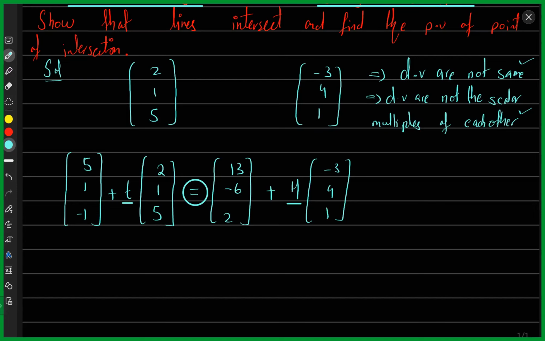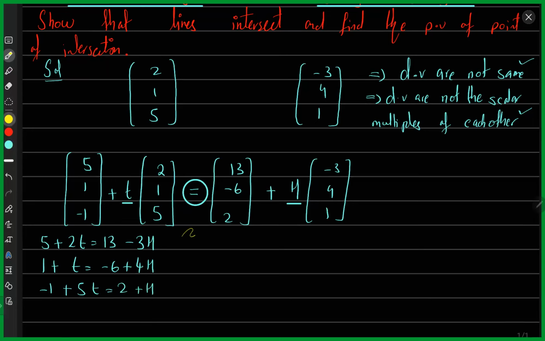Now let's make three equations out of it. Equation 1 would be 5 plus 2t equals 13 minus 3 mu. Then 1 plus t equals minus 6 plus 4 mu. And then minus 1 plus 5t equals 2 plus mu.